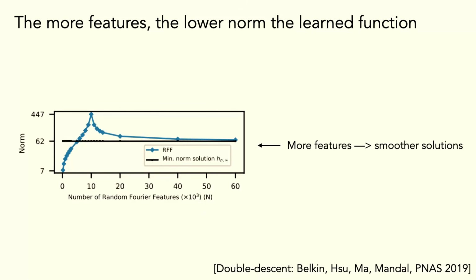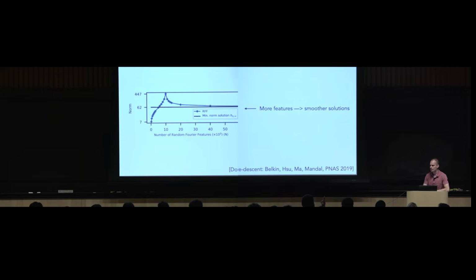This is just saying that counting the number of parameters is not the right thing to do. It might be that the parameter norm or some other property of the parameters is the more meaningful measure of the complexity of the solution, or how wiggly it is, or how much it deviates from a nice smooth fit to the underlying trend.